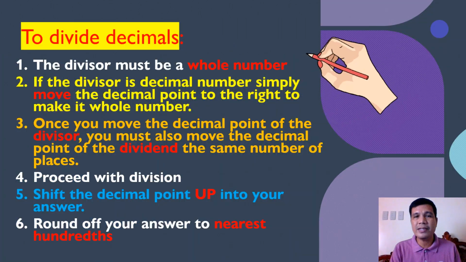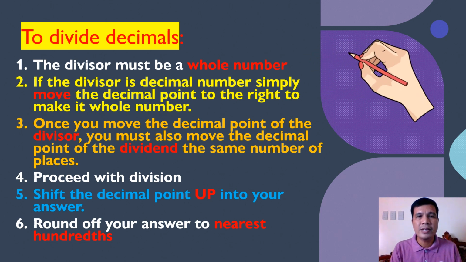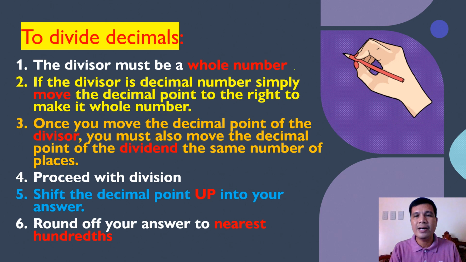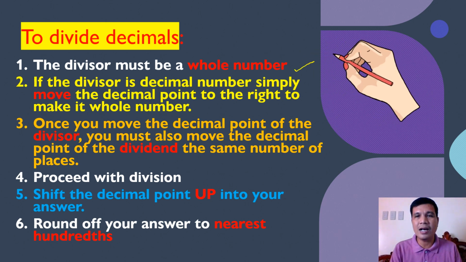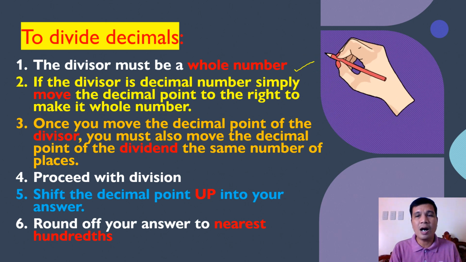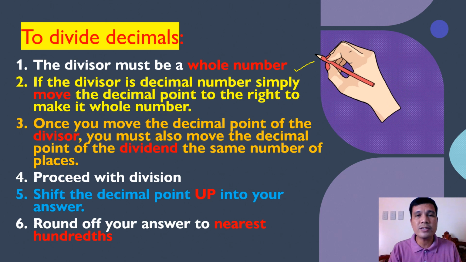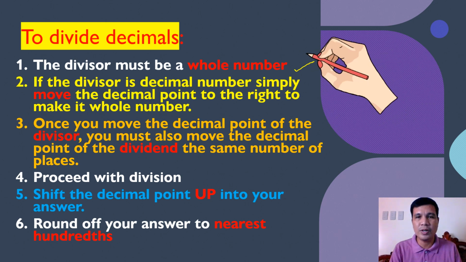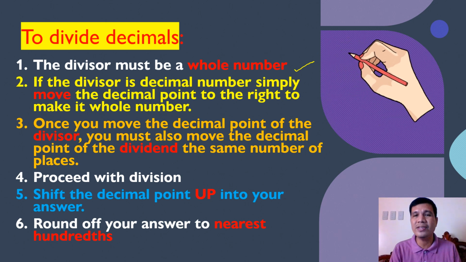Remember, to divide decimals, here are the rules. Number 1, the divisor must be a whole number. Tandaan, yung number sa labas, the divisor, kinakailangan maging whole number. How about if it is a decimal? Number 2, if the divisor is a decimal number, simply move the decimal point to the right to make it a whole number.